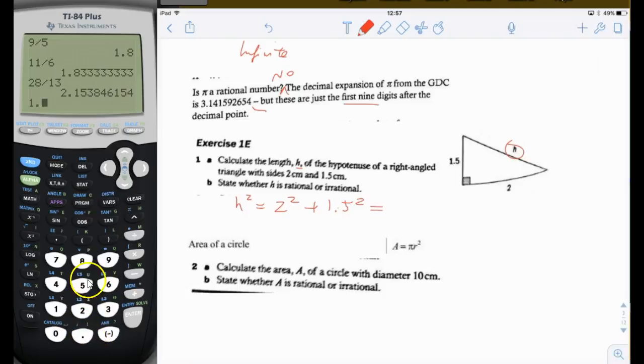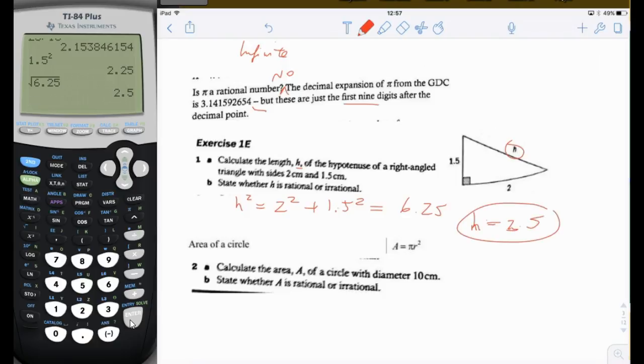So 1.5 squared is 2.25. So 2.25 plus 4 is 6.25. And then h is equal to the square root of 6.25, which is 2.5. Okay, so h is 2.5.